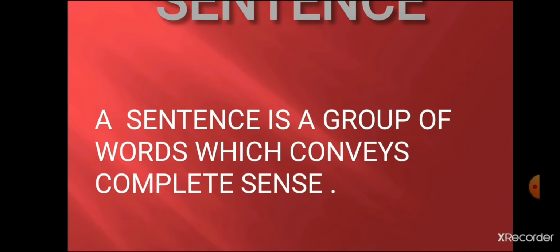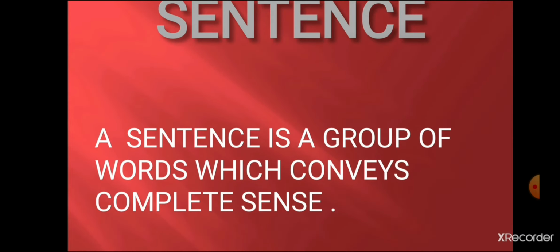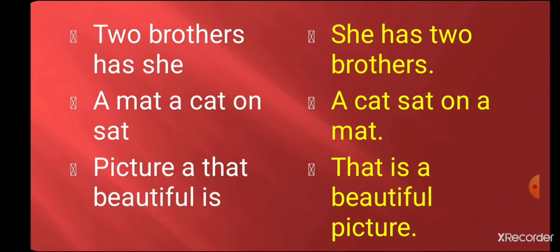Now students, what is a sentence? A sentence is a group of words which conveys complete sense. Remember, a sentence is a group of words which conveys complete sense, like "She has two brothers."